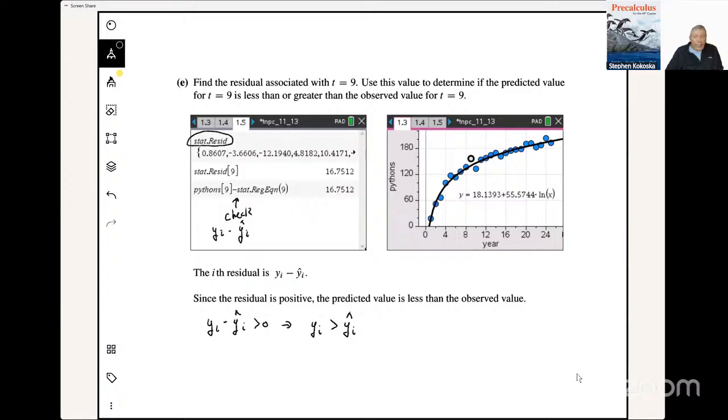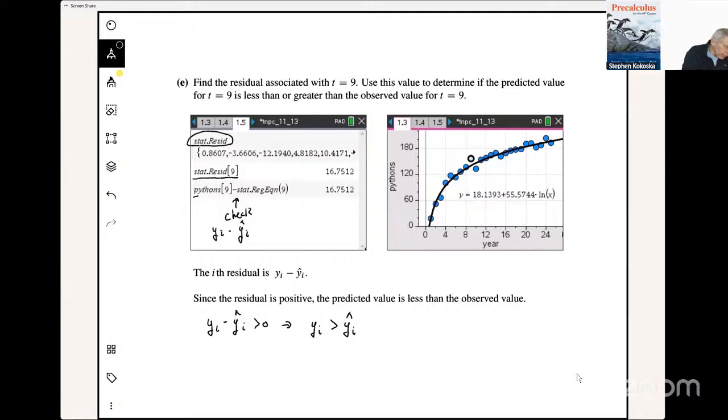So I could look at that list and pick out the residual that goes along with t=9. So it's the ninth one in that list. By typing this, I have asked for the ninth value in that residual list, and it's 16.7512.